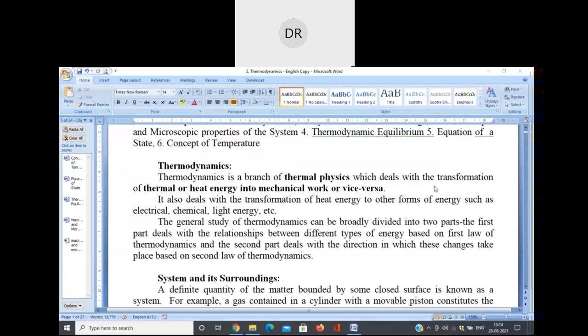So all these things are discussed in thermodynamics: how heat is converted into work, and how work or some other energies are converted into heat.